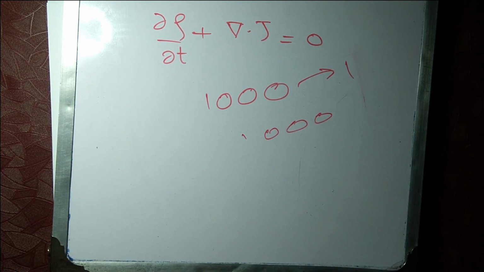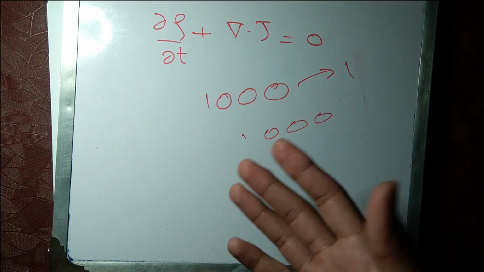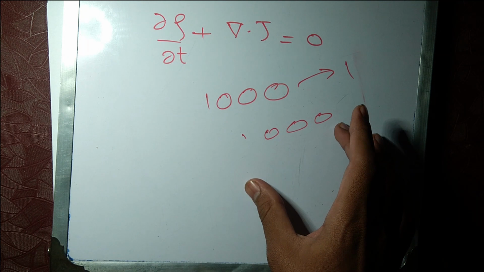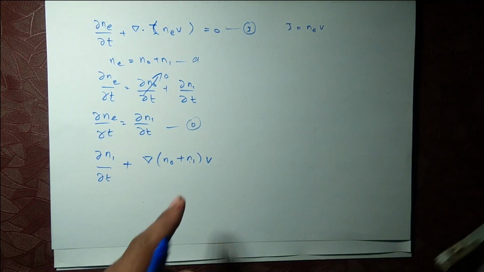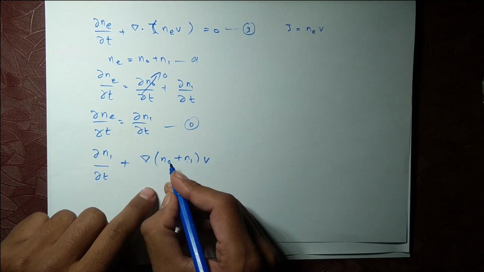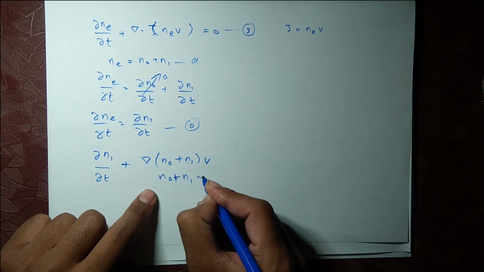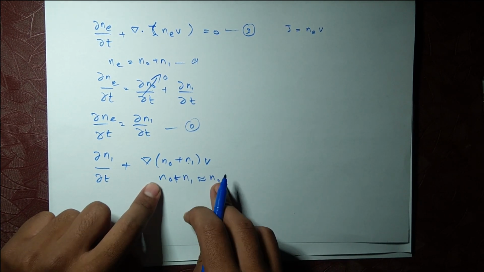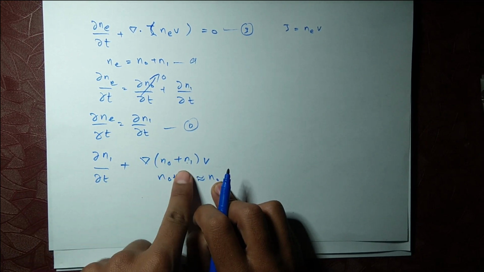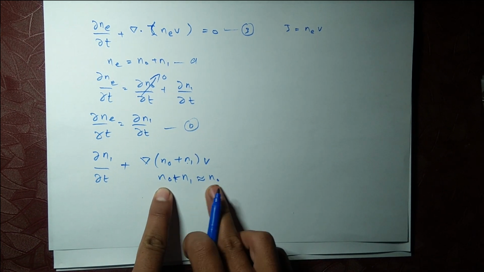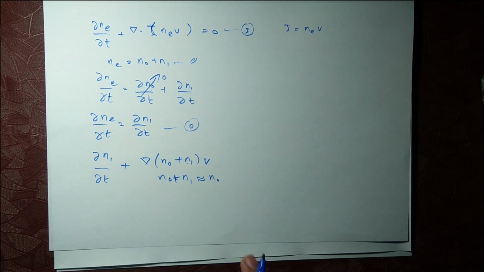When we talk about particles or densities, we have hundreds of thousands of these values, so a small change doesn't matter that much. So n naught plus n1 will be nearly equal to n naught, because if this variation occurs, there is no overall change and n naught will remain the same. We apply a certain assumption here.